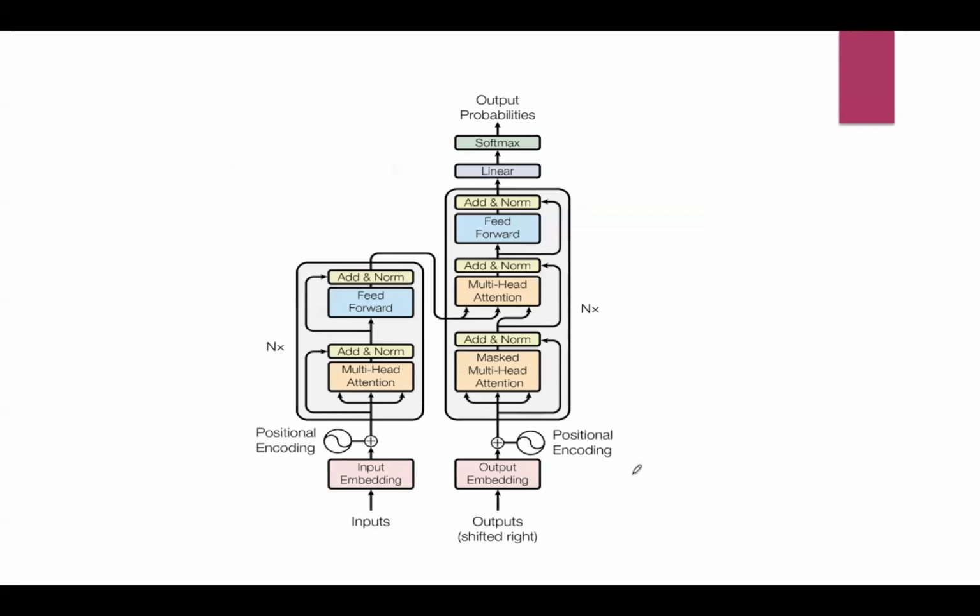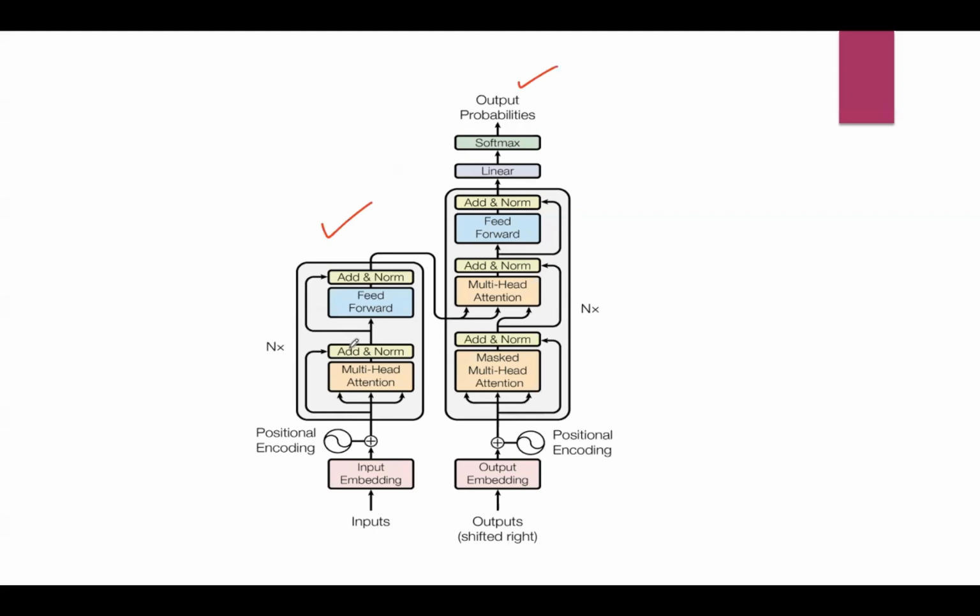Then coming to the architecture part. This is the diagram or architecture of the transformer. Here you can see this is the encoder part and this is the decoder part. The encoder processes the input sequence and generates a meaningful representation that captures its meaning.